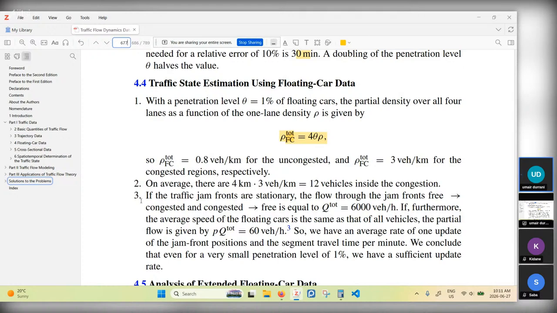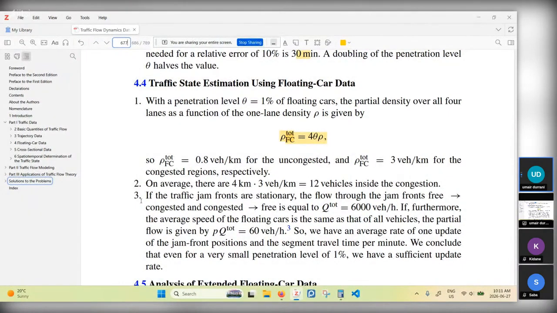We were initially told that the flow was 1,500 vehicles per hour. But now we are multiplying that number with 4. So the question is, where is that coming from? Why is the total flow now 6,000 vehicles per hour?